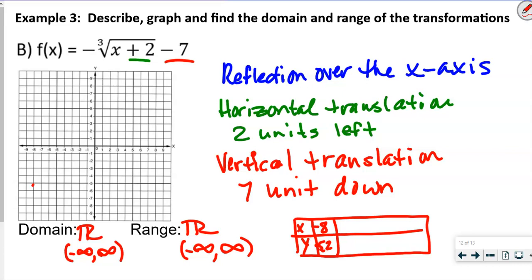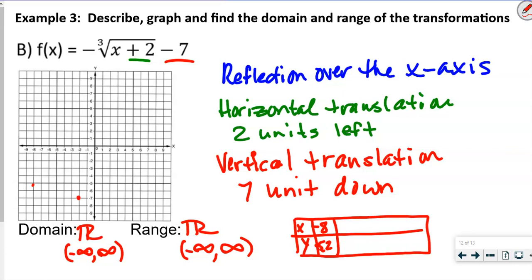And one of the things that you guys need to notice is that this whole graph transitions to the left 2 and 7 units down. So to the left 2 and 7 units down is right there. That's where the curve of our graph is going to be, where it's going to transition like the graphs have all along.